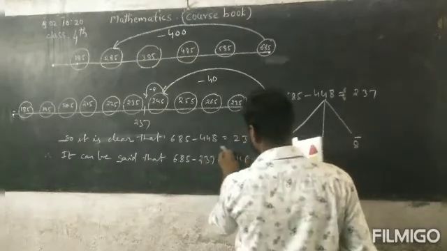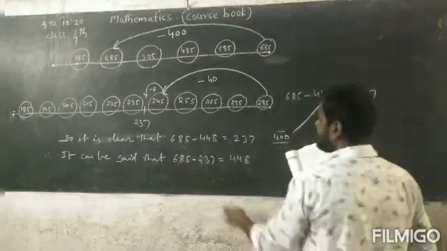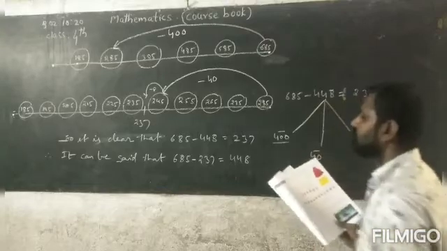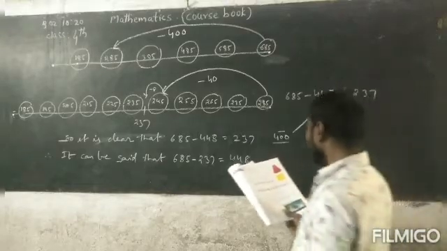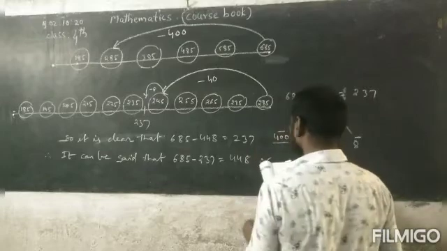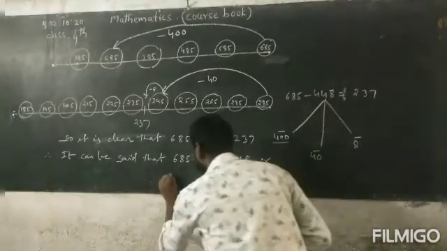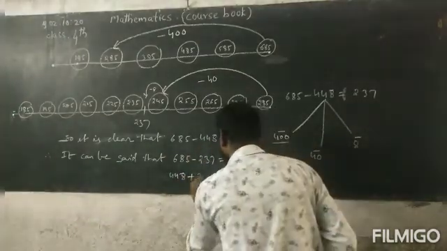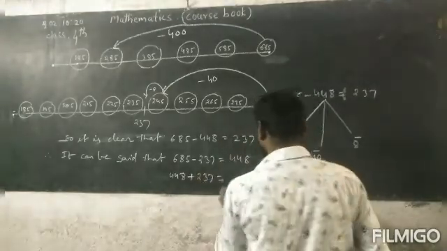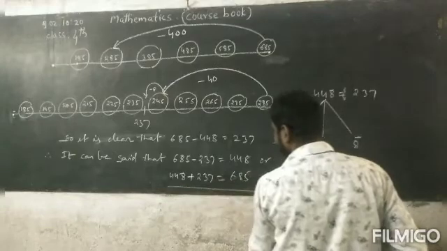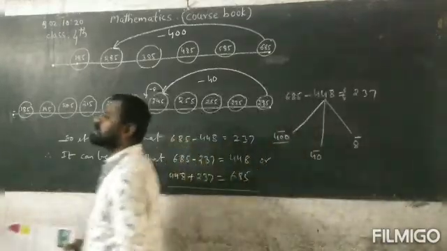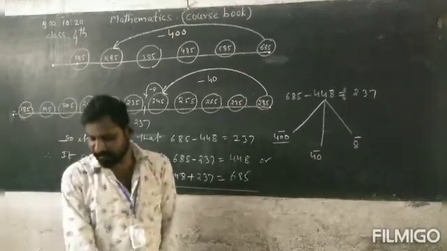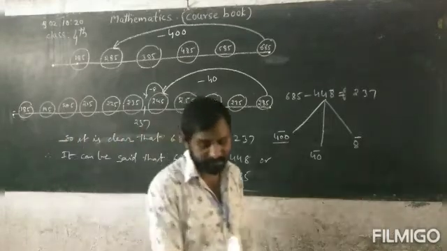See, so 685 is the number, minus 237 you can get 448, or 448 plus 237, you can get 685. One subtraction fact, it can give two addition facts. Did you understand? So now next, what are problems on addition and subtraction? This is also very important.